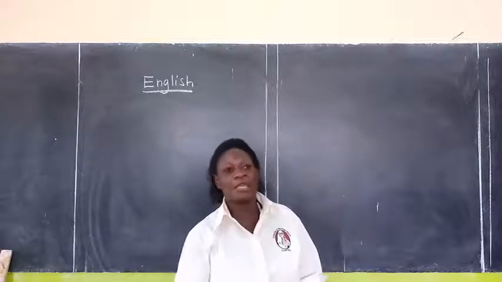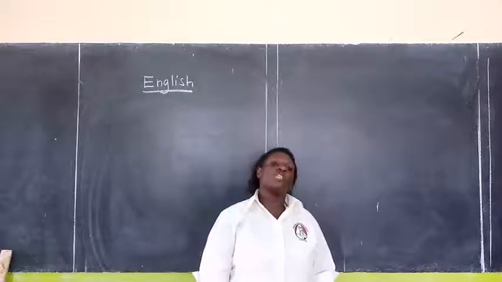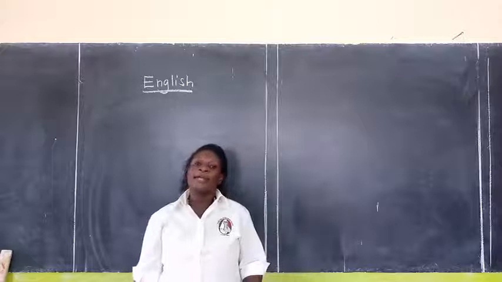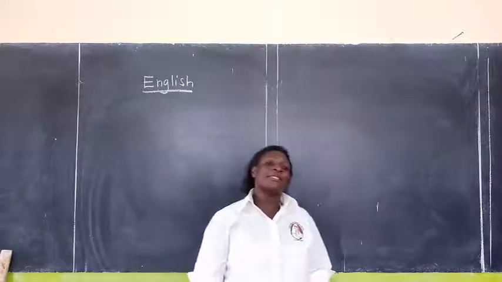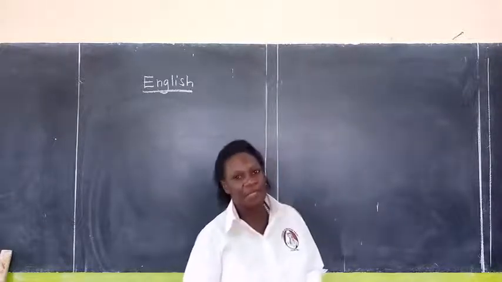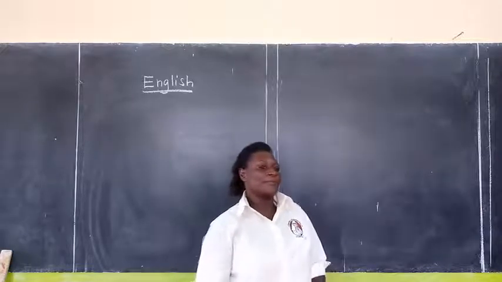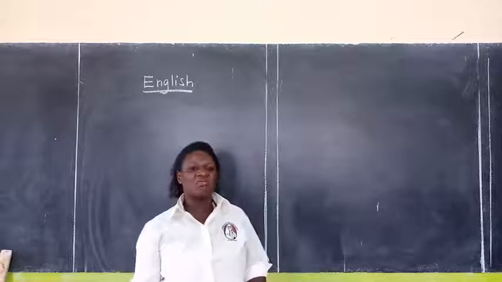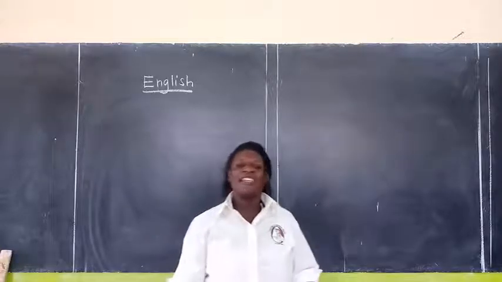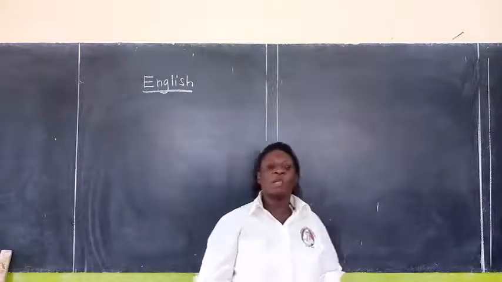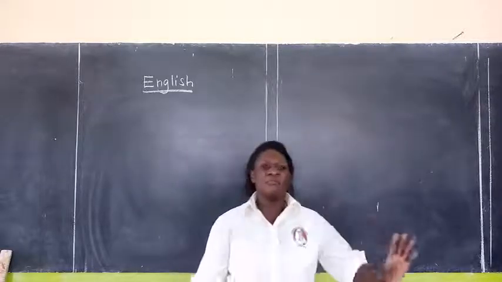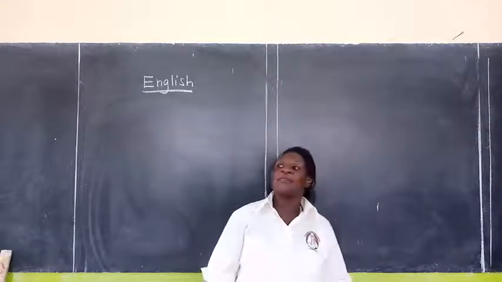If you don't want to say that, you can say which talks more about a noun, or an adjective is a word which describes a noun. Somebody will ask me, teacher, what is a noun? A noun is a name of a person or a name of anything. Any name is regarded as a noun.